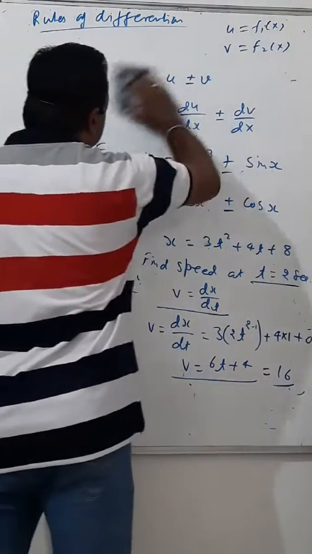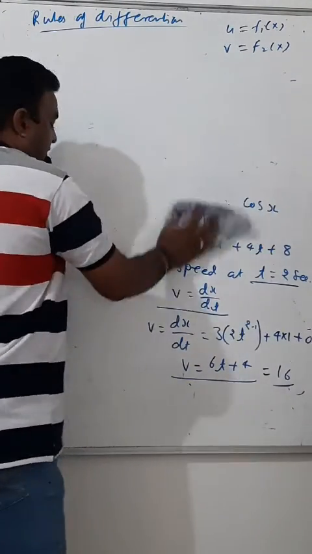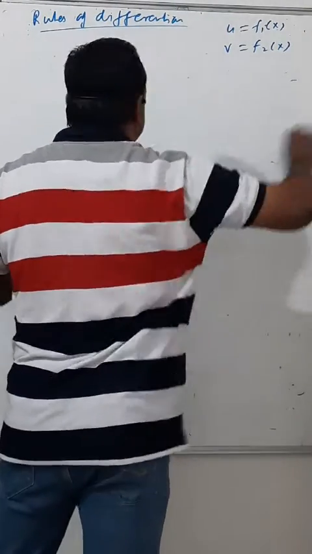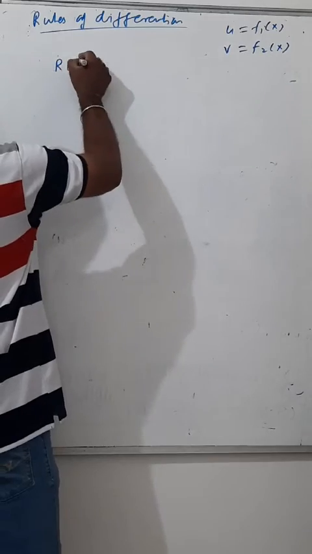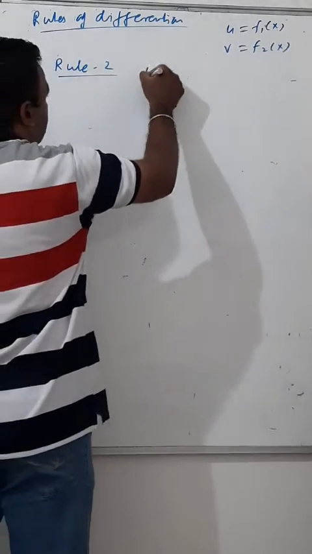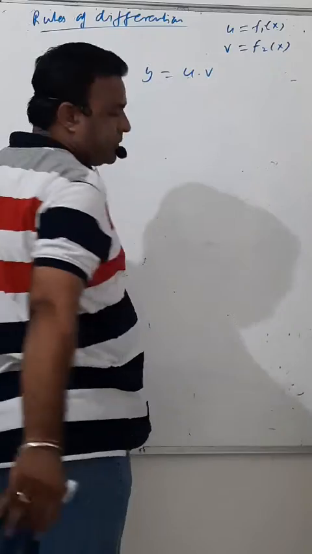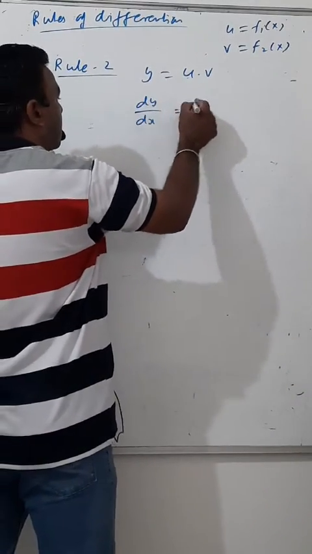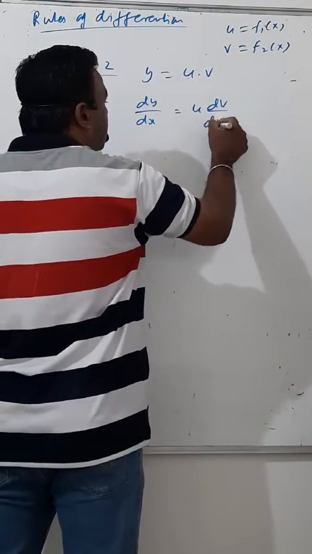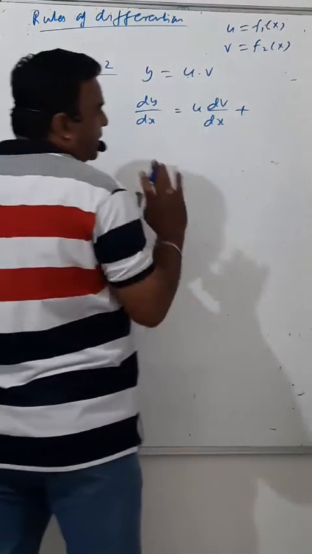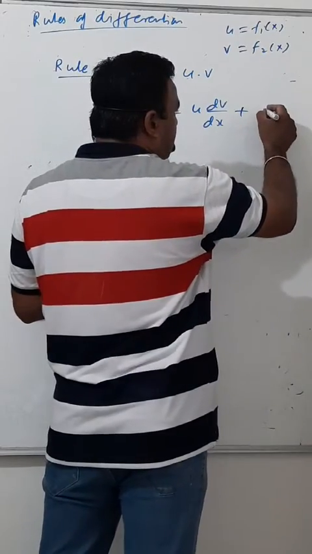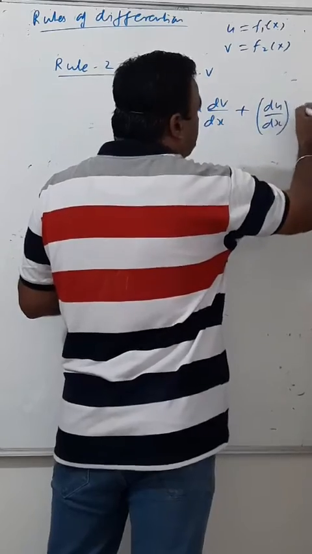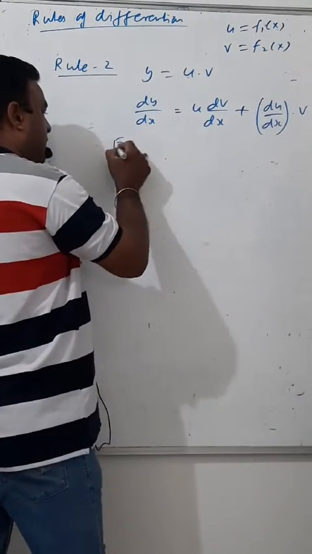Rule number 2 is of multiplication, and rule 3 is for division. Rule number 2, y is equal to u dot v. Then simply what we do: differentiate v keeping u as constant, then differentiate u keeping v as constant.